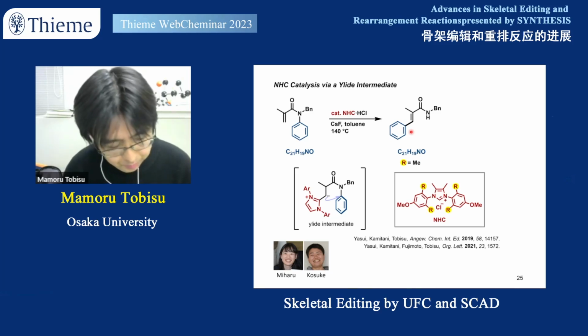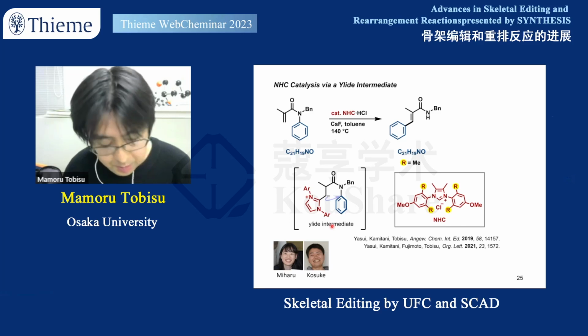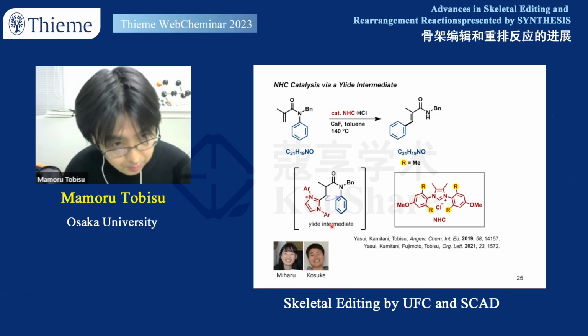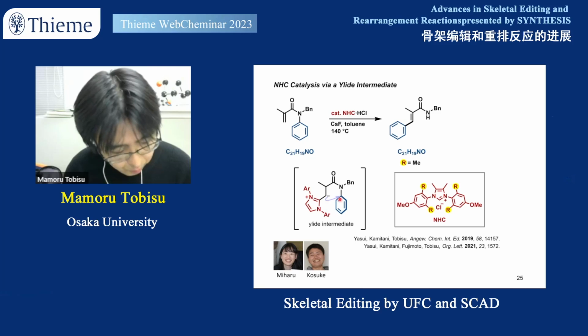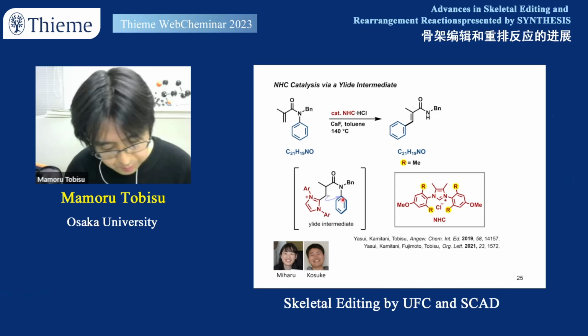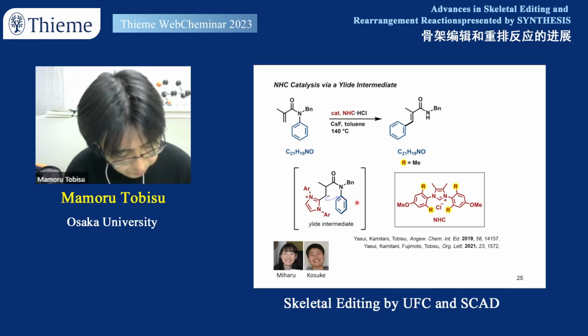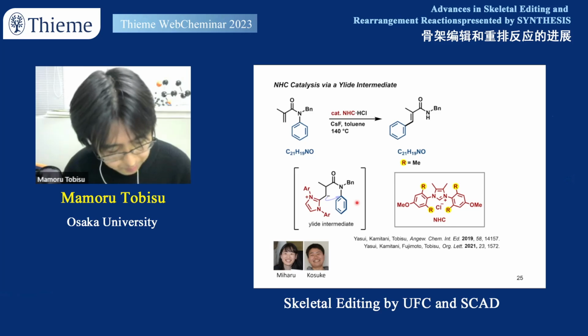This reaction can be explained by assuming that this enolate-like intermediate is initially generated by the reaction with NHC, and the carbanion here in the enolate-like intermediate then attacks the ipso carbon of the aniline moiety. And this reaction is a unique example of the organocatalytic cleavage of a carbon-nitrogen bond of aniline derivatives.